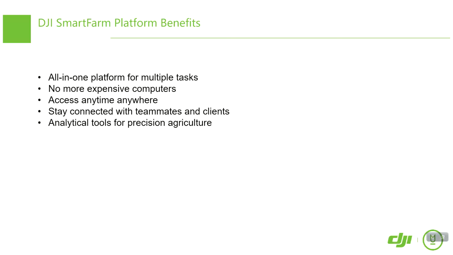It can download the high-resolution imagery that you generated on the cloud platform for field boundary generation purposes, or you could access the data on the cloud using your mobile phone as well. And fourth, stay connected with teammates and clients.